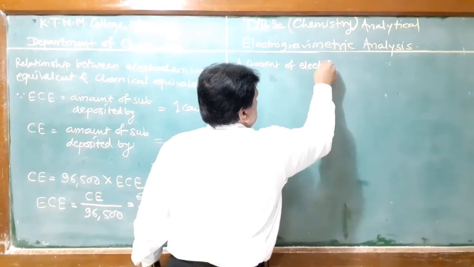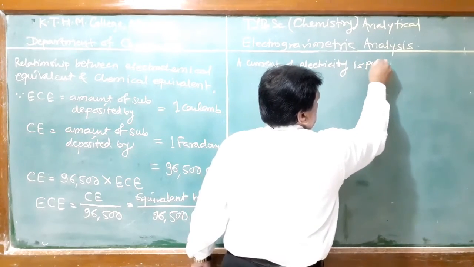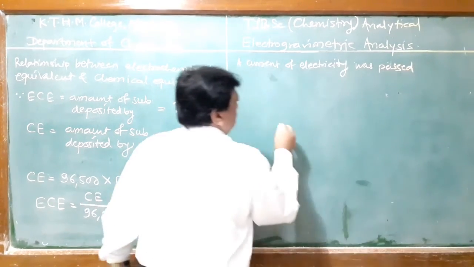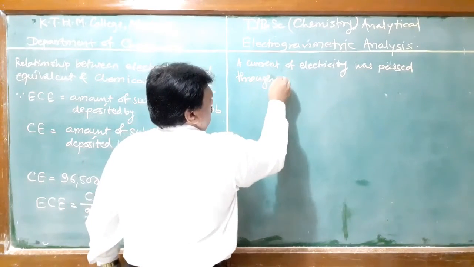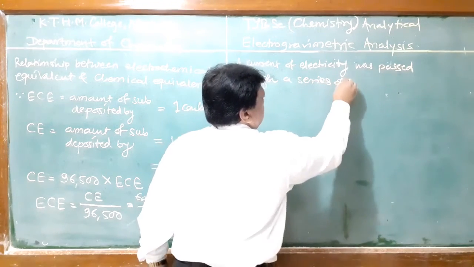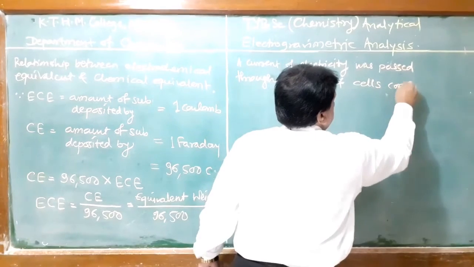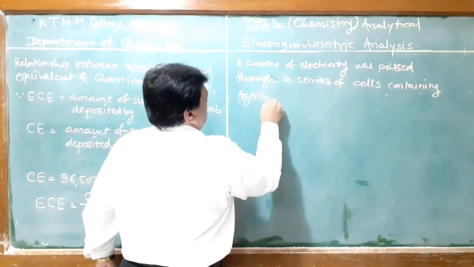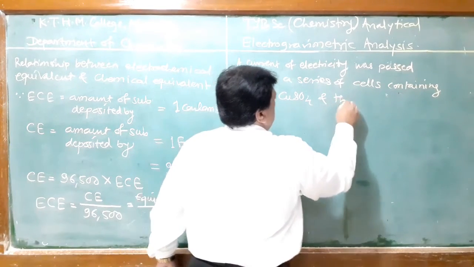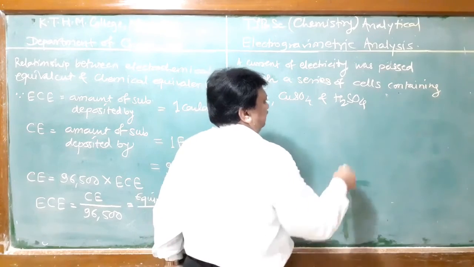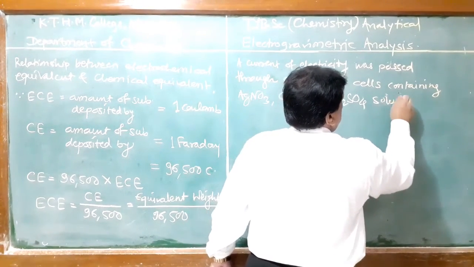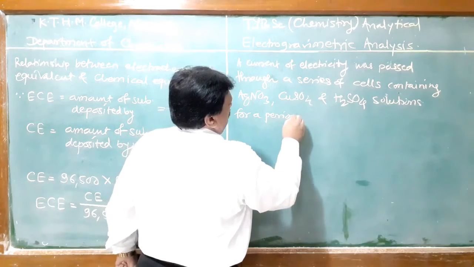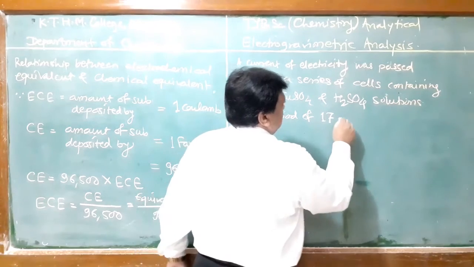Therefore, here a problem is like this: a current of electricity was passed through a series of cells containing silver nitrate AgNO3, copper sulfate CuSO4 and sulfuric acid H2SO4 solutions respectively, for a period of 17 minutes.